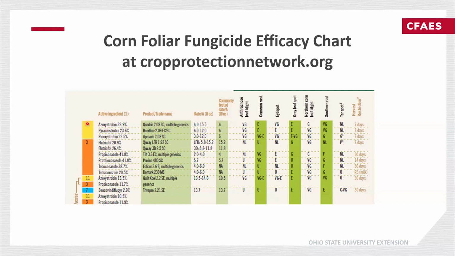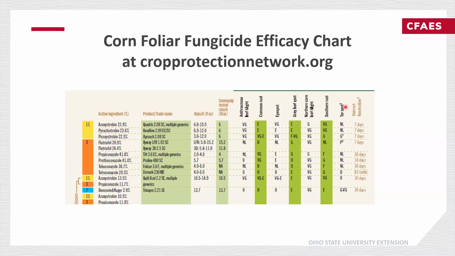So when you're looking at that chart, it's going to give you that FRAC code, similar to our mode of action when we're looking at different herbicides, as well as your active ingredient. And then that product trade name that you're probably most familiar with, as well as what rates were tested. And then here it's going to list out different diseases and what that rating is.